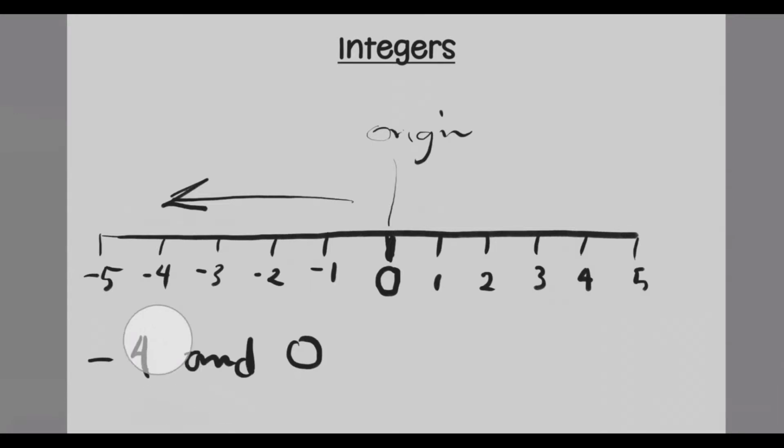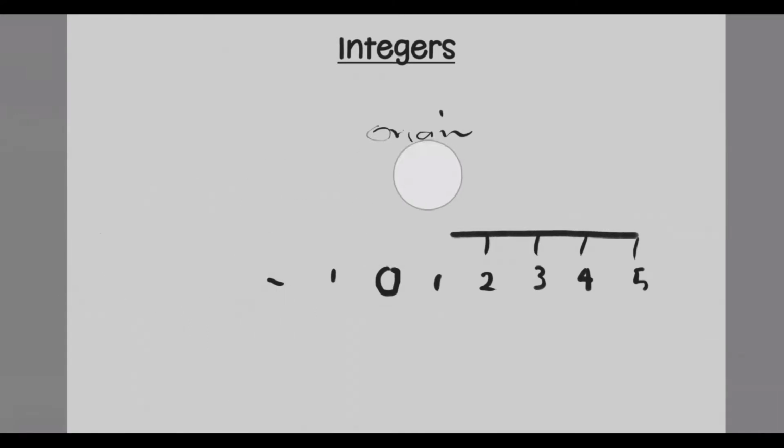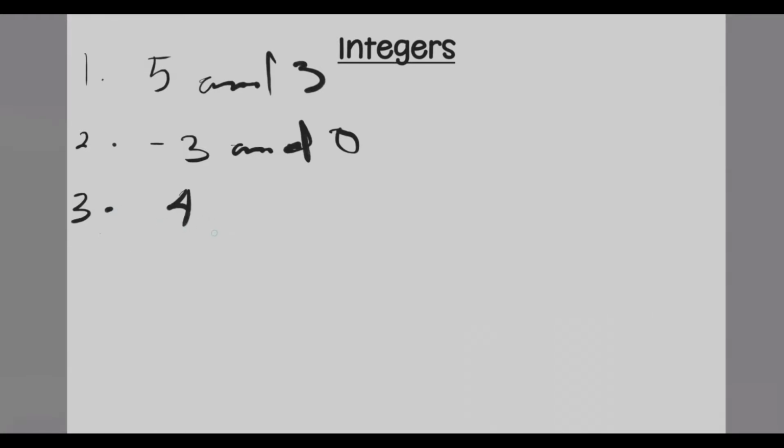Let's take another example. Say you're given a question and they say which of the following pairs of numbers is smaller. They give you option 1, 5 and 3. Another option, minus 3 and 0. Another option, 4 and 7.